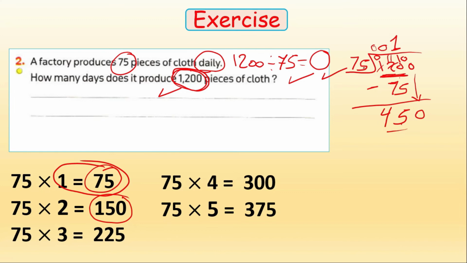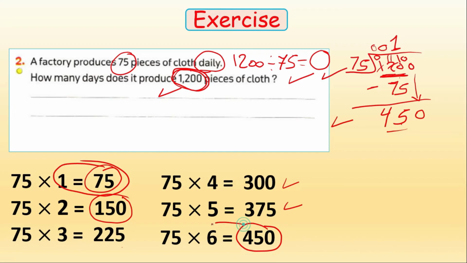450 divided 75. Search for 450 in the products. Here in the products we have 225, 300, 375, so there is no 450. We have to complete the timetable by 6. 75 times 6 equals 450.